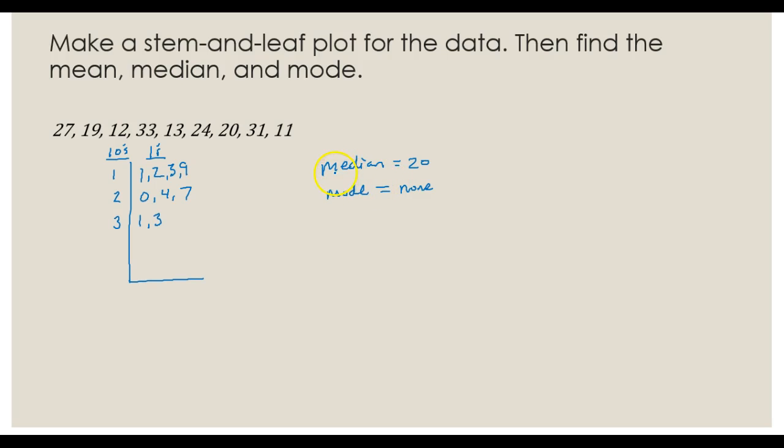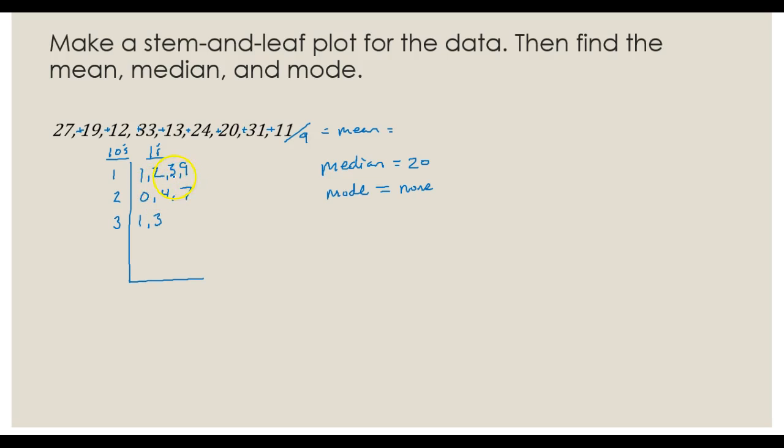Okay, and then the mean. Now this was a little bit harder to do. The mean just means you add them all up, and then there's 9 of them, so you divide by 9. So we're just going to add them all up and divide by 9. I'm going to do some math magic here to get the mean, so that I can do it without pulling up my calculator and typing all this in.